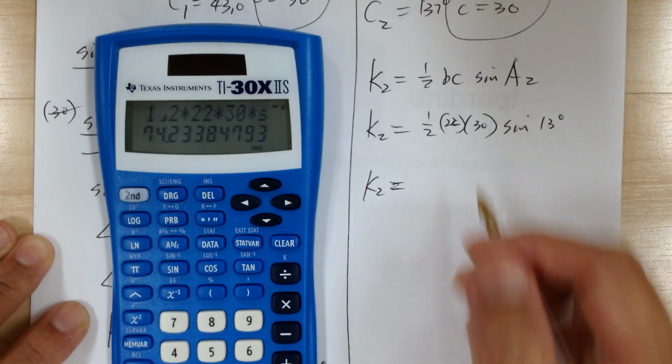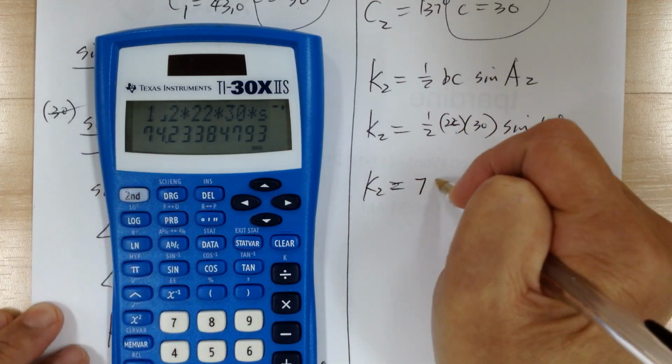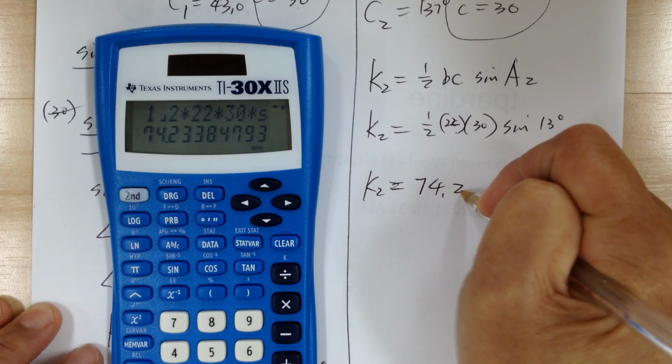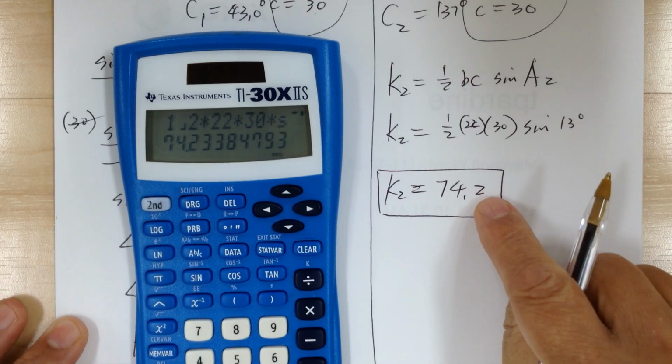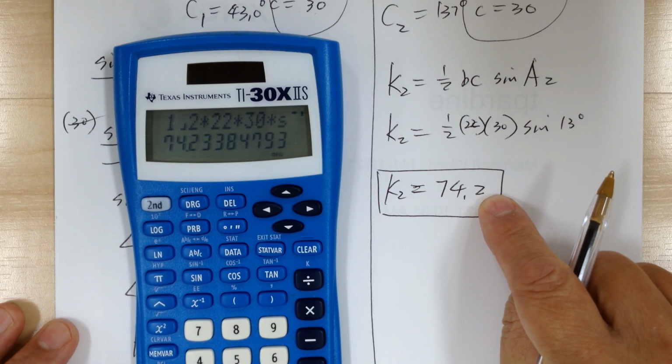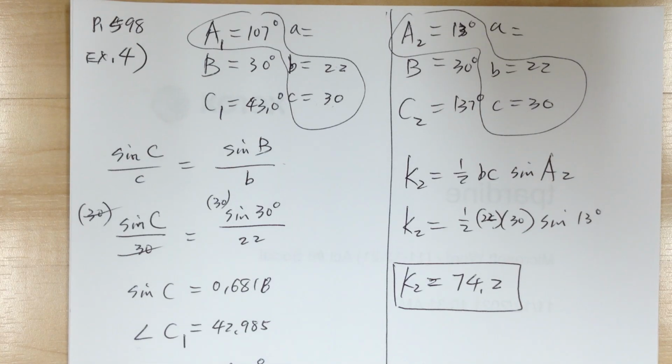Work it out, and if you round to three significant digits, it will be 74.2. Like I said, depending on what you enter, the last digit may be off by one. So in this case, there are two possible triangles.